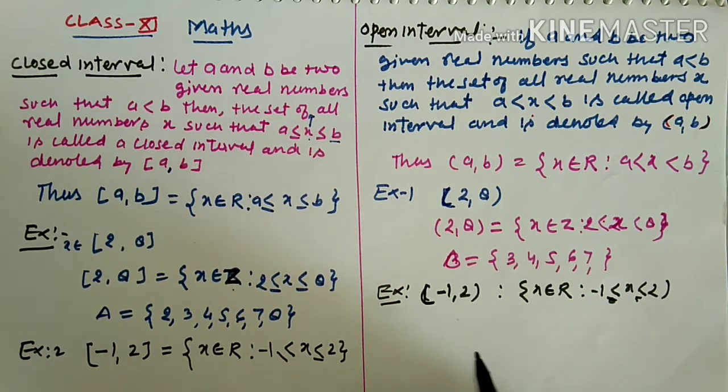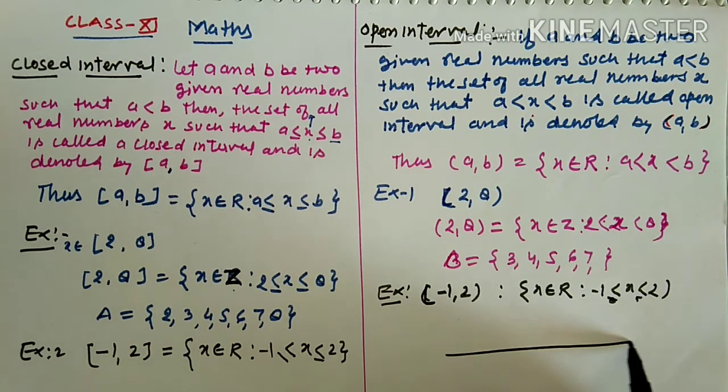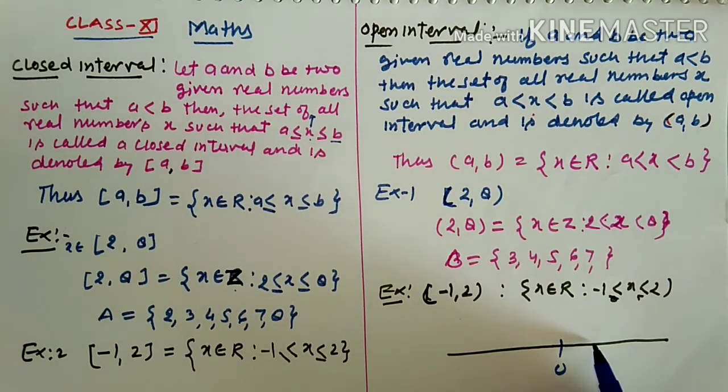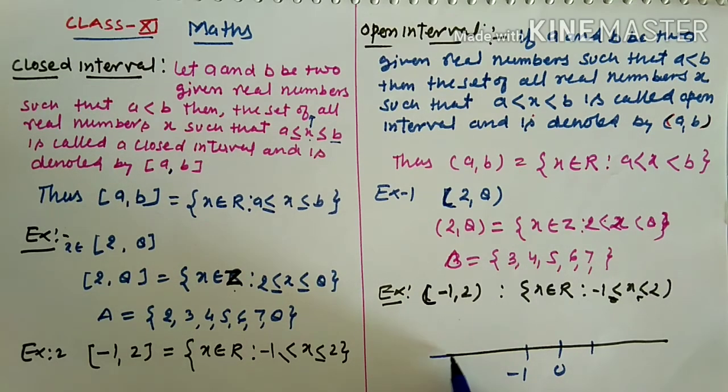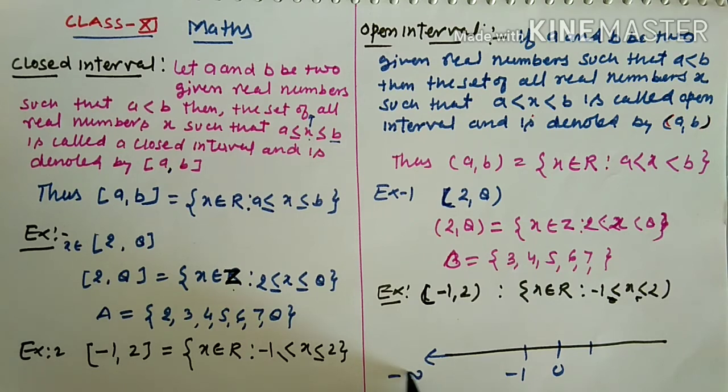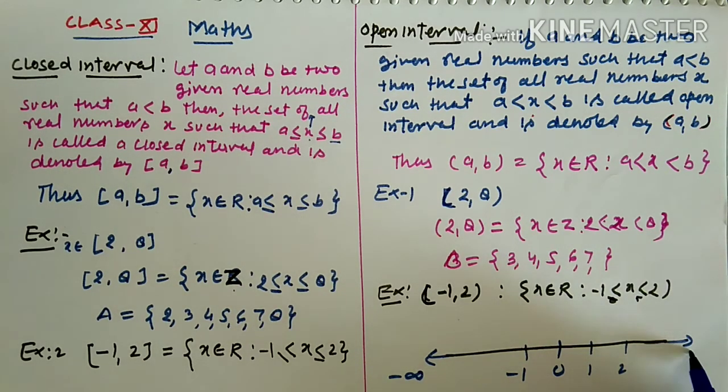So we can define it by a number line. So we have a number line like this. In this number line we write 0, -1 and so on, so minus infinity, then 1, 2 and so on, plus infinity.